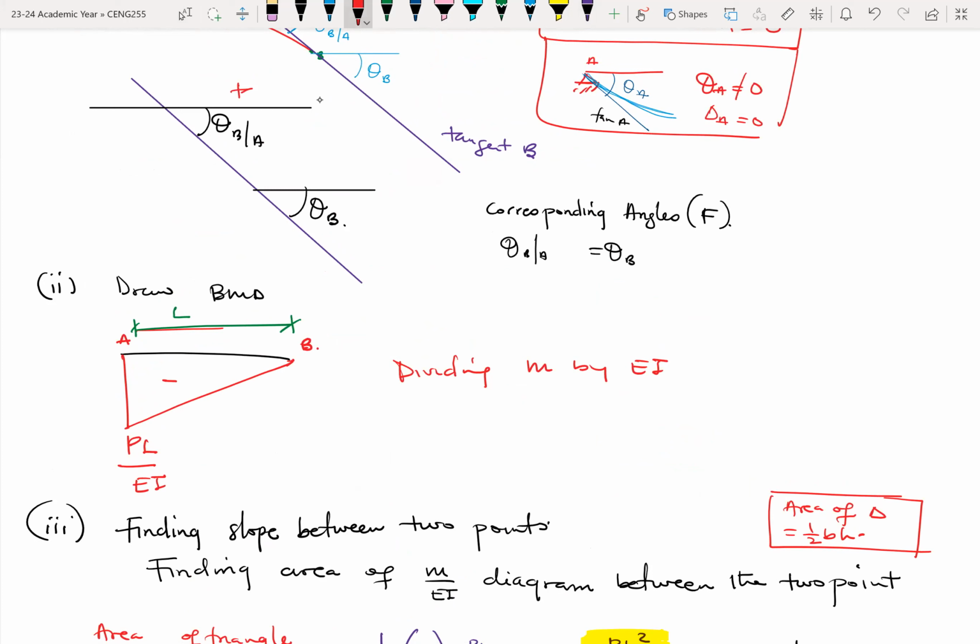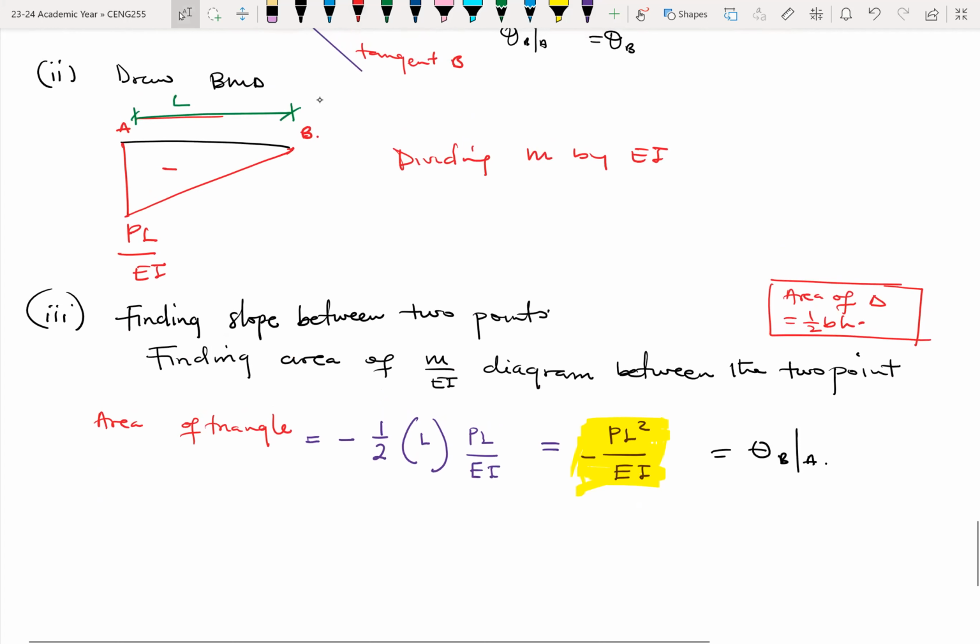This is tangent A, or tangent from point A, and this is the horizontal line. And this is the tangent from B. So this is point B somewhere here on the elastic curve. Oops. Let me put, so here it has 2. Thank you. This is 2 EI. Please take note of it.